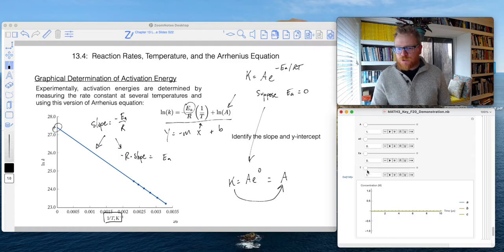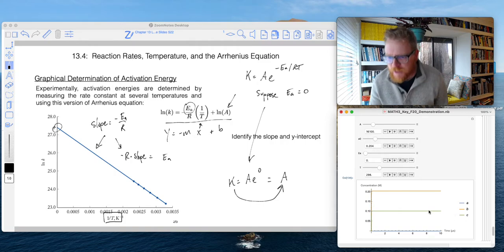The first thing we'll do is, we've got temperature at 1 Kelvin. That's not realistic. Let's make it something like 298. There we go. We know that A equal to 1 is also not very realistic, so I'll just put a random number in there. Here you can see I've got 0 initial concentration of A, so let's put some of that in there. You can see that's changing my scale.